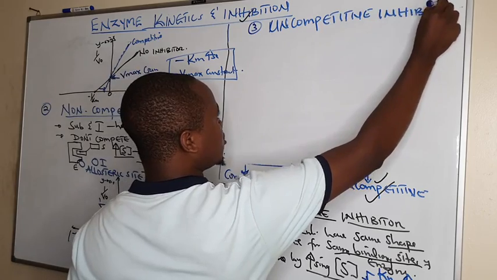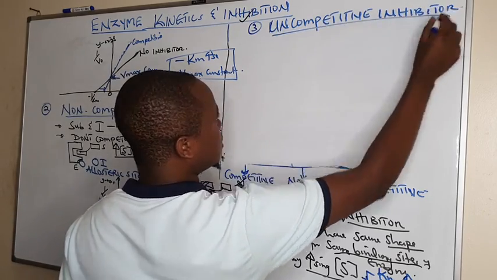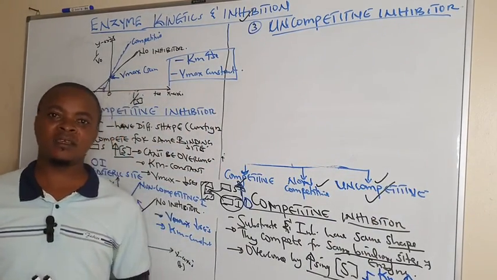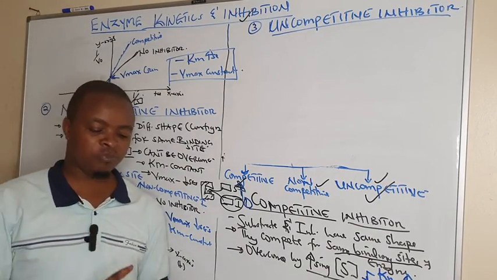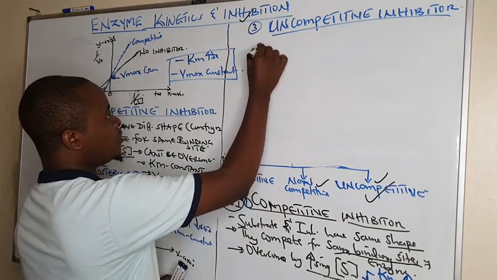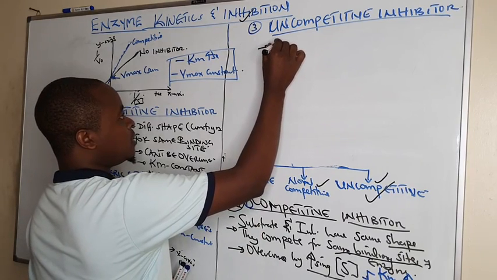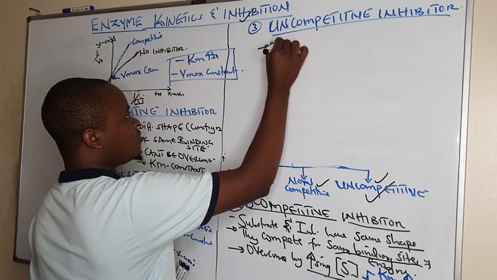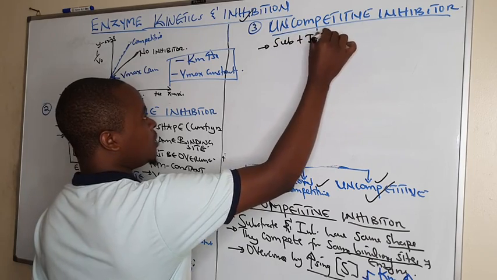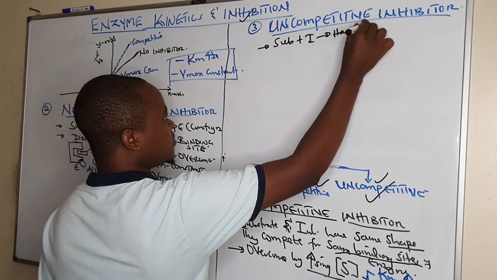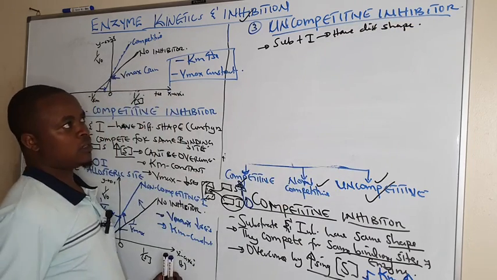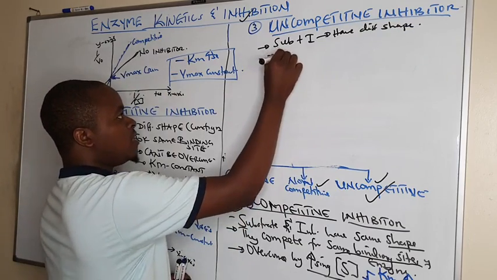So in the presence of an uncompetitive inhibitor, what happens? The word is uncompetitive, meaning there is no competition in this type. First of all, the substrate and the inhibitor have different shapes.